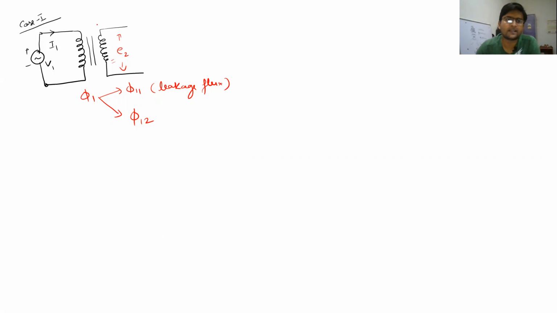This is the flux that actually goes to the second winding and induces voltage in the secondary winding. So this flux is called the useful flux, right? Not all the flux that is produced in the primary winding is useful. So we can write phi 1 as the summation of phi 11 plus phi 12, right?